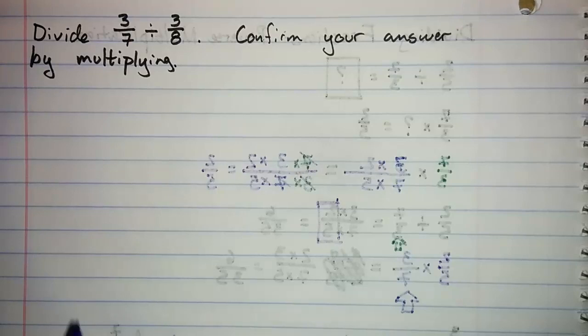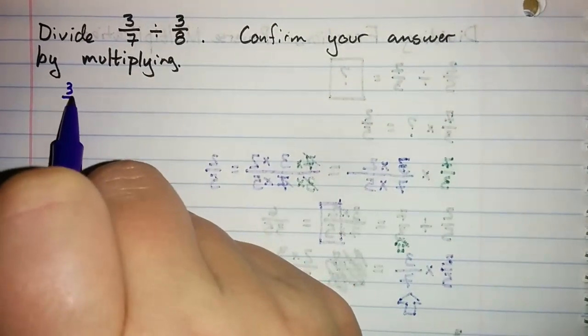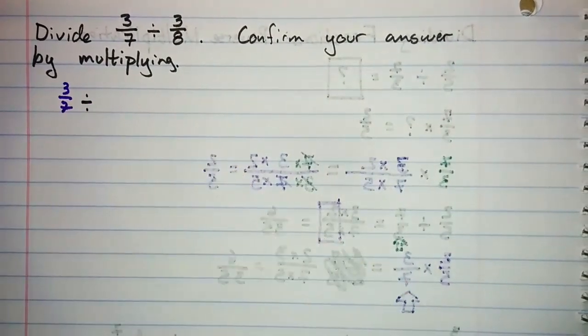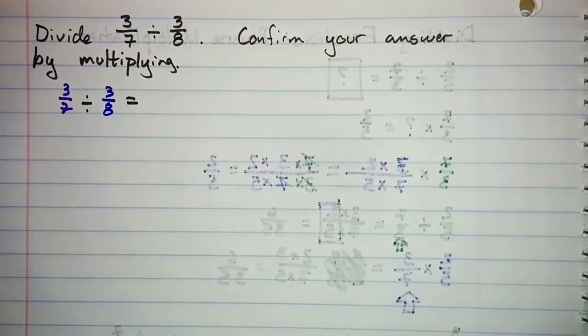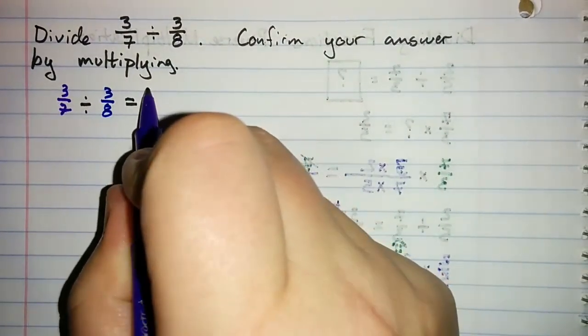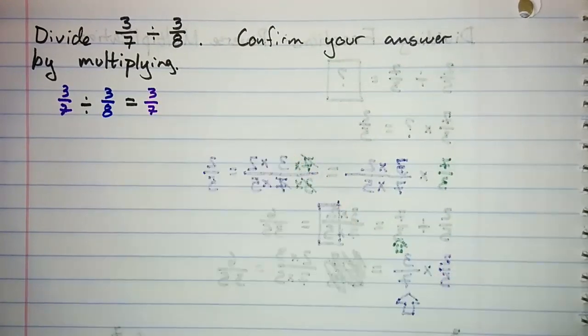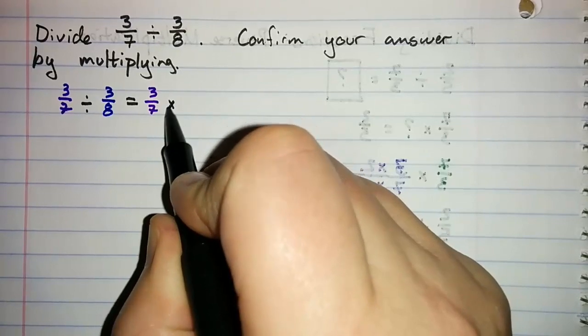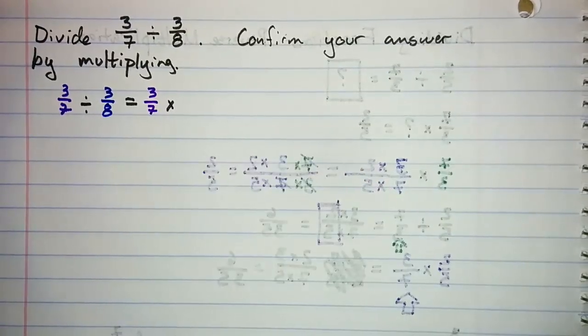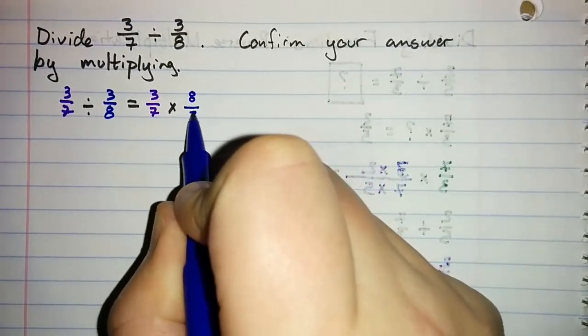Alright, we have 3/7 divided by 3/8. Rewriting that as multiplication, 3/7 stays the same, but now dividing by 3/8 is the same as multiplying by 8/3.